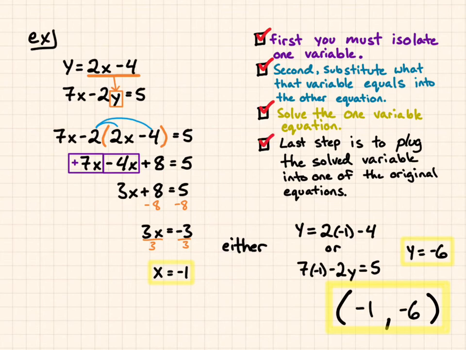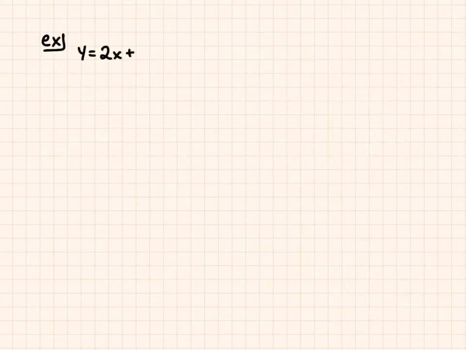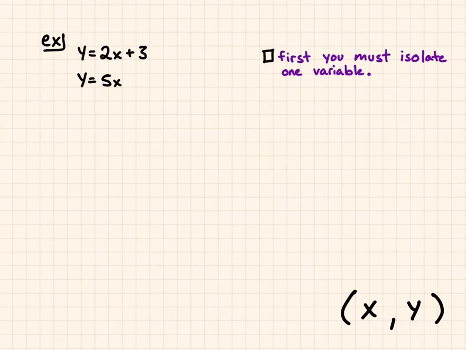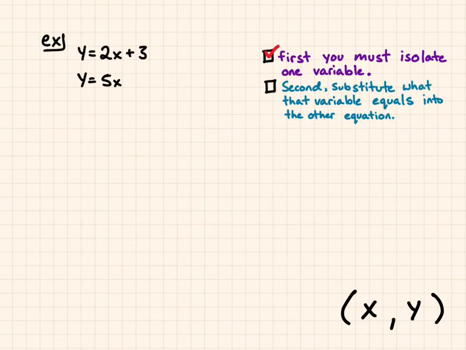And my last example is y equals 2x plus 3 and y equals 5x. My first task is already done for me because y is by itself. These are both in slope-intercept form. And my second step is to substitute.